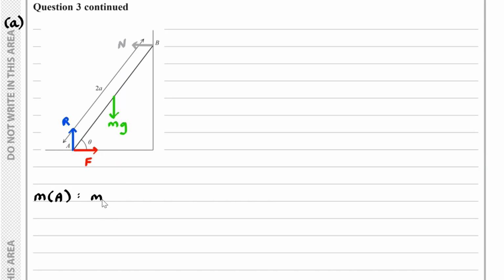So we have mg multiplied by a cos theta, and this will equal N multiplied by 2a sine theta. Let's perhaps use the same colours used. We've got N, and here we've got mg.